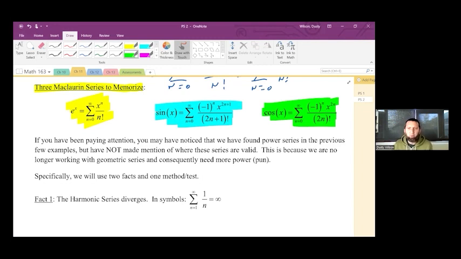In case you're trying to remember which is which, you can always substitute in some upper bound and just graph it on your calculator. But it's interesting to note that sine is an odd function. It's symmetric about the origin. And notice that the sine series has all of those odd powers of x and odd factorials.